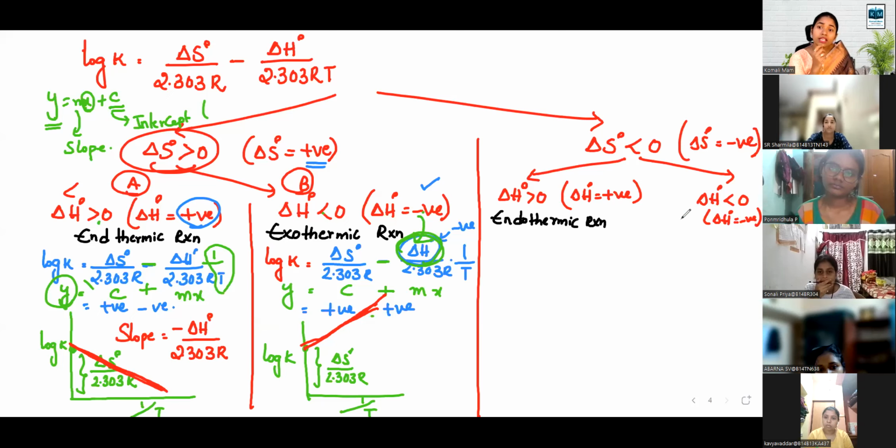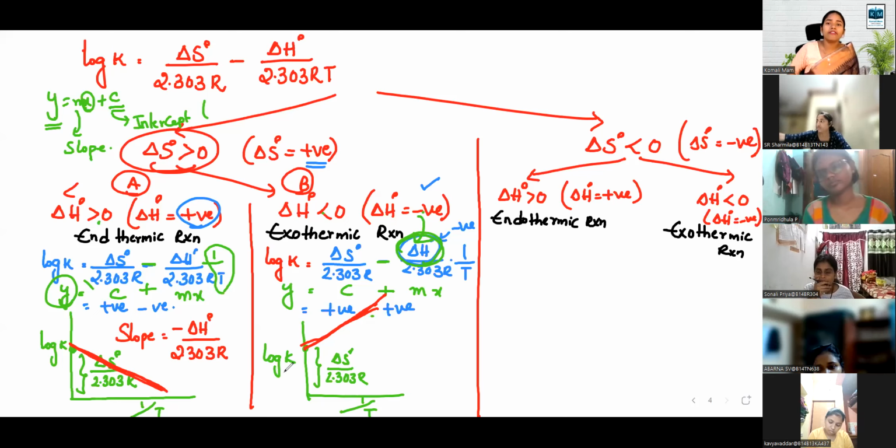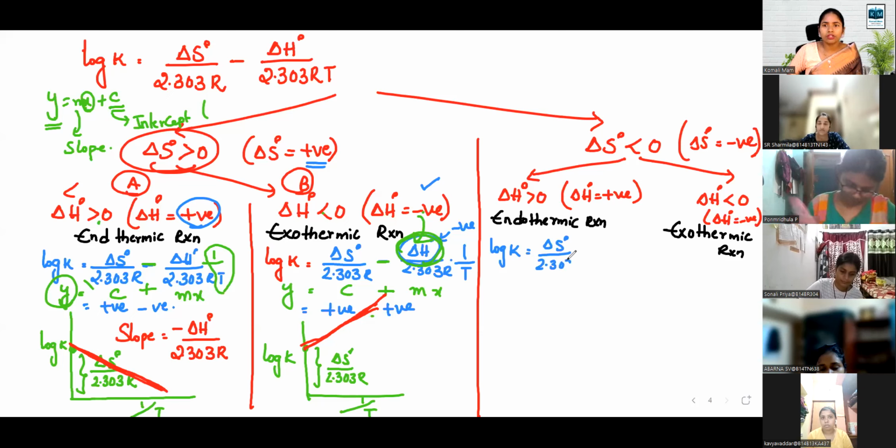This will be exothermic reaction. Now, let's draw the graph. Come on, everybody, take the formula. What is the formula we got here? Log K is equal to minus delta S naught by 2.303 R, plus the other term, with 1 by T. Same formula, but you should learn the way to draw the graph.